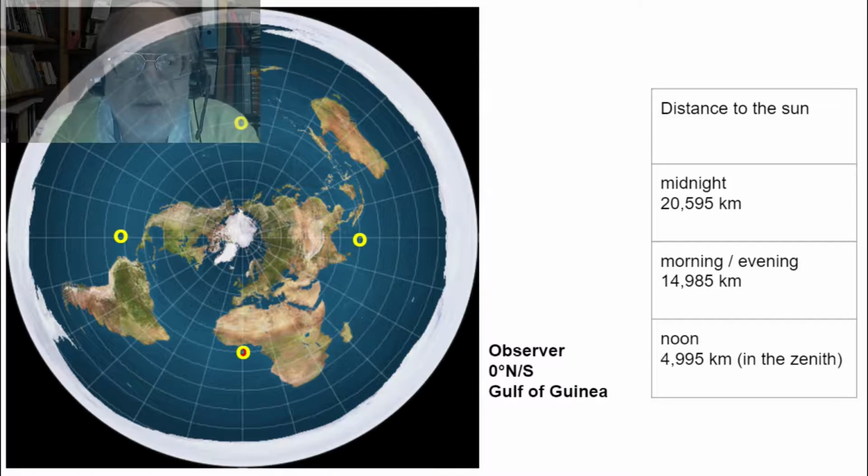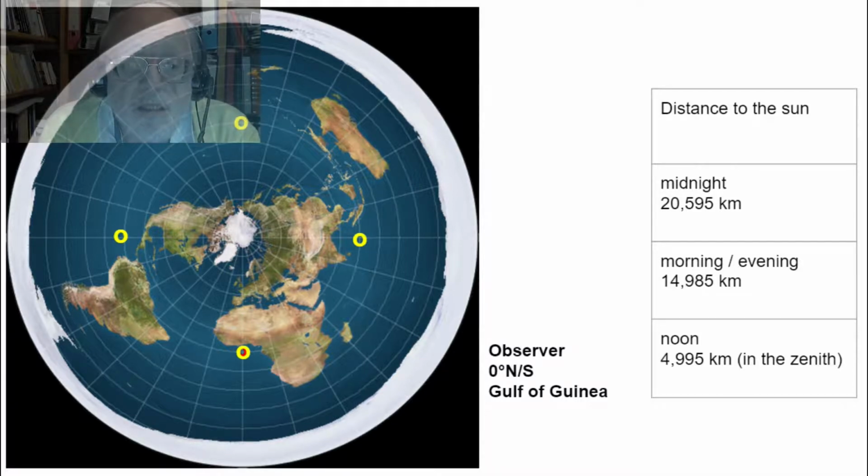Distance to the pole 9,990 kilometers, distance from the pole to the equator at 90 degrees west or east 9,990 kilometers too. The distance from there to the observer at the equator at 0 degrees west or east is 14,128 kilometers. The distance from the Sun above that point to the observer south of Ghana is 14,985 kilometers.